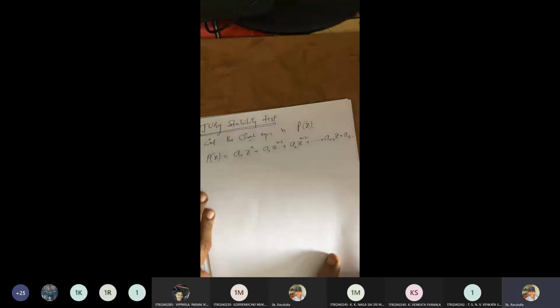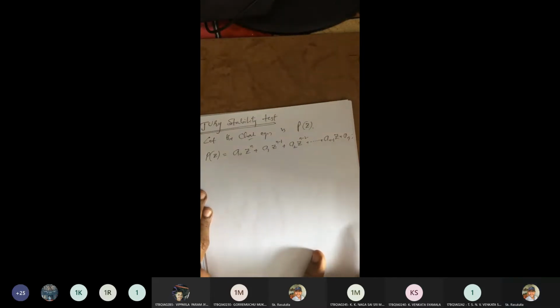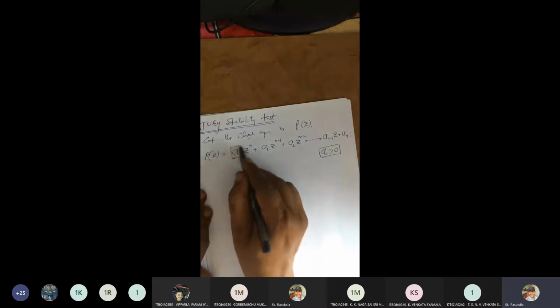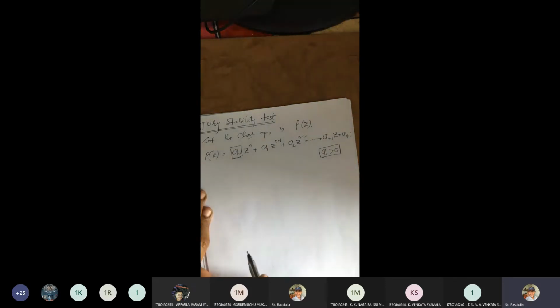This is the standard form of a characteristic polynomial, where this a0, the coefficient of Z power n, is greater than 0.